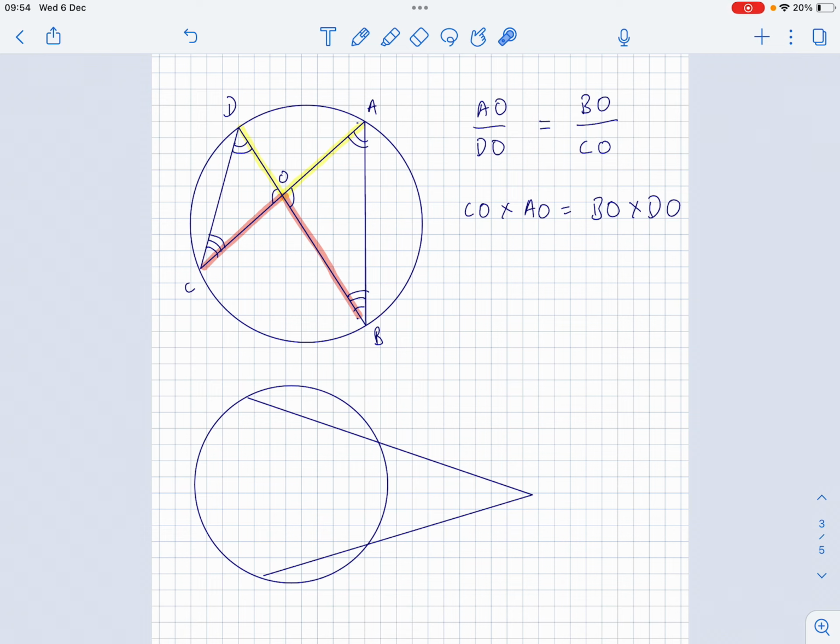It basically means that if you times together the two sides, so here I've got CO and AO, so times this length by that one, you get the same value as if you times together BO and DO. Right, it's a really nice little circle theorem.